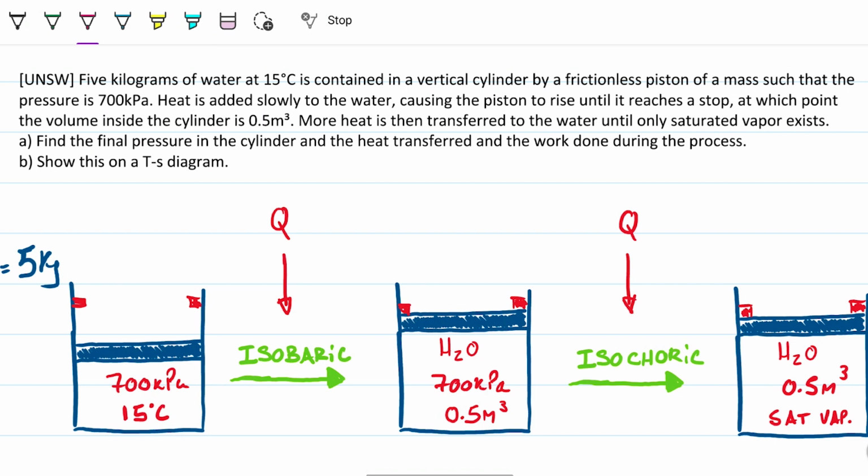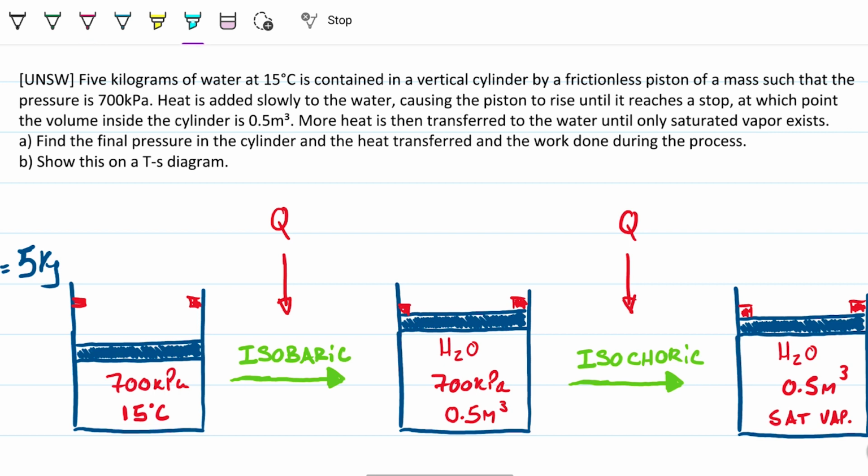More heat is then transferred to the water until only saturated vapor exists. A. Find the final pressure in the cylinder, the heat transferred, and the work done during the process. And B. Show this on a TS diagram.